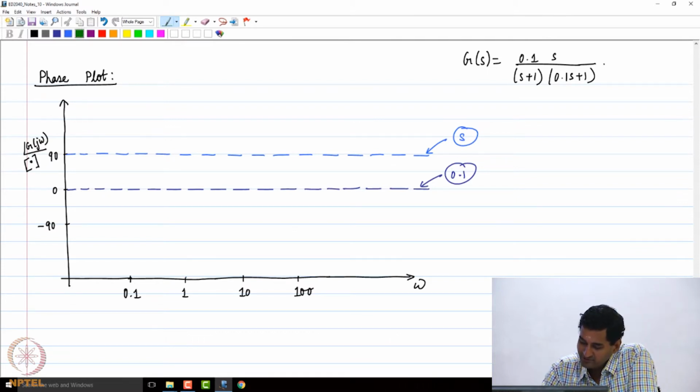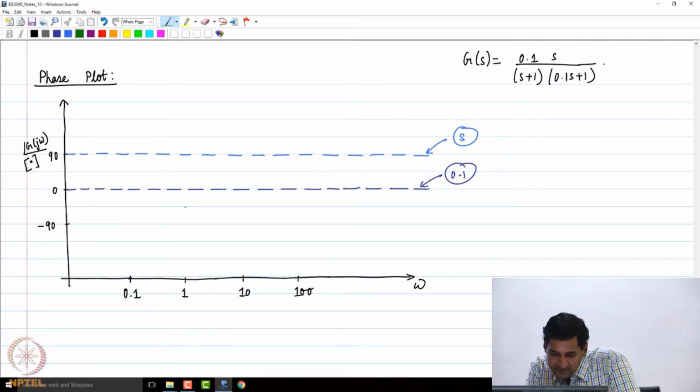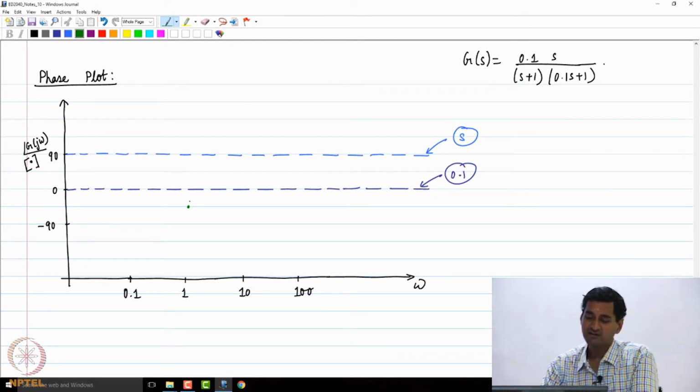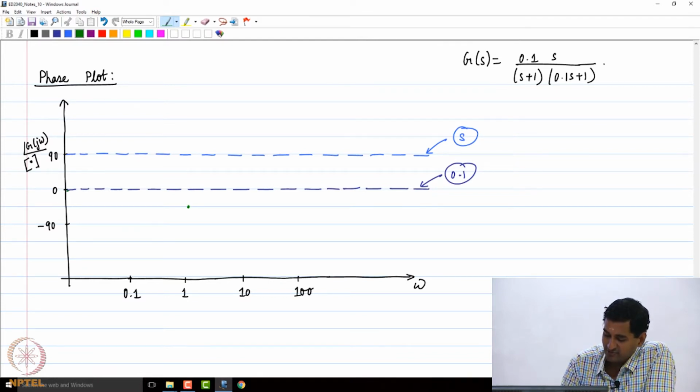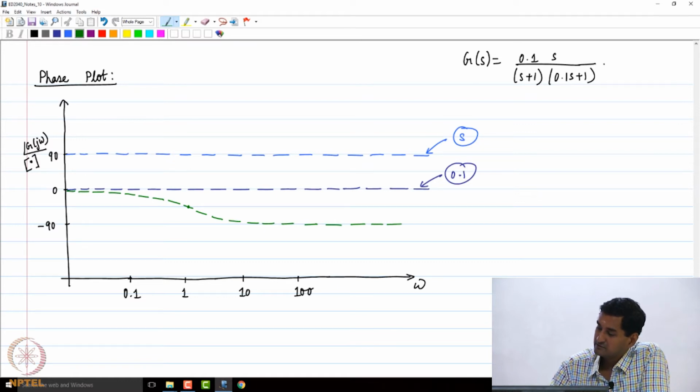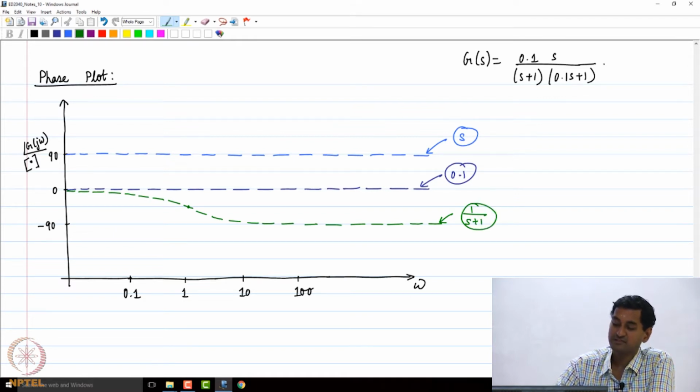So at the corner frequency of 1, we are going to have a phase of minus 45. So 1 by (s plus 1) will have a phase plot like this. Okay, this is going to be the phase plot of 1 by (s plus 1) in green.